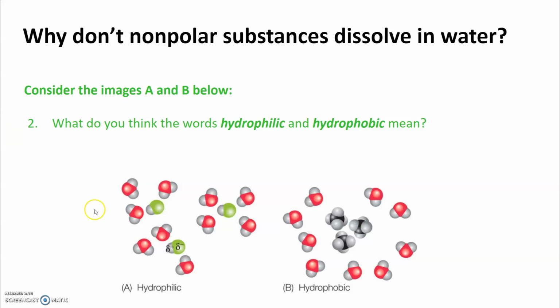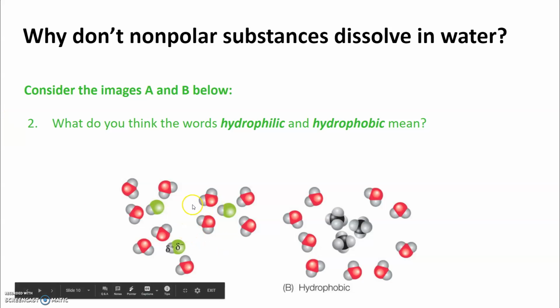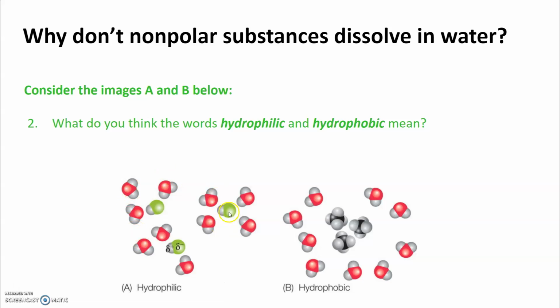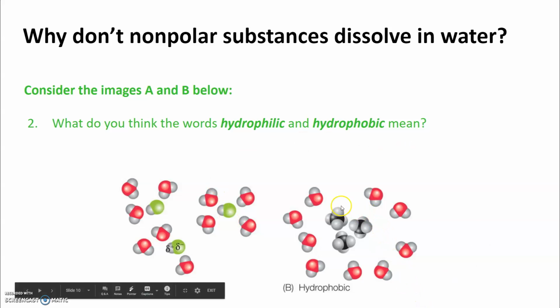And in picture A, all of the water is mixed throughout the molecules that are different than water. But in image B, all of the molecules that are not water are grouped together and they're not mixed in with the water molecules.